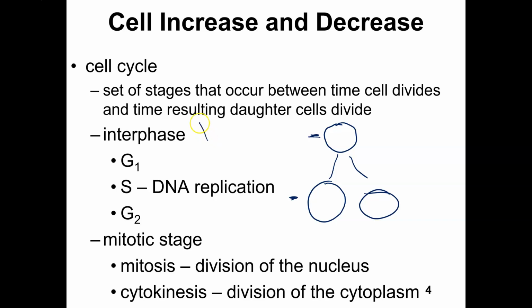The first is interphase. Interphase has multiple steps that occur. And then we have mitosis, which also has multiple steps that occur. We're going to look at each of these steps of interphase, and then we'll get into mitosis. The term mitosis means division of the nucleus, and mitosis is followed by cytokinesis, which is the division of the cytoplasm.